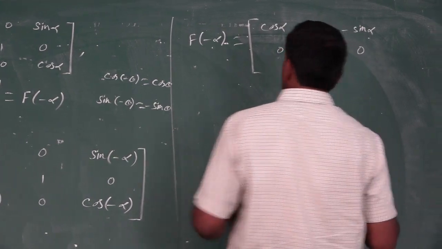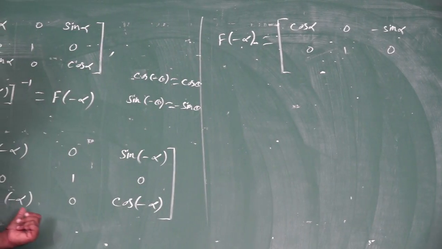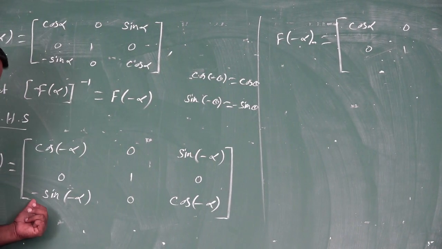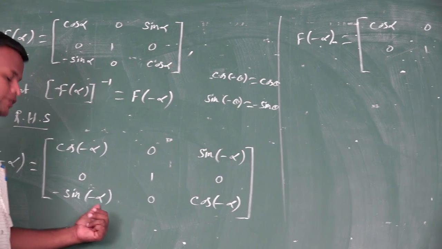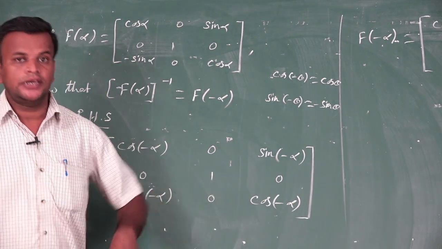Now the third row: minus sin of minus alpha. Outside there is one minus, and sin of minus alpha is minus sin alpha, since sin of minus theta is minus sin theta.